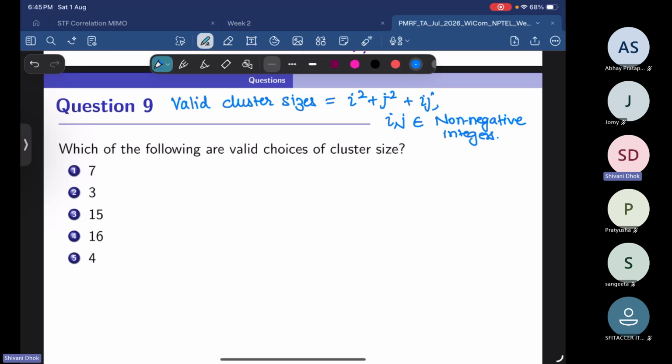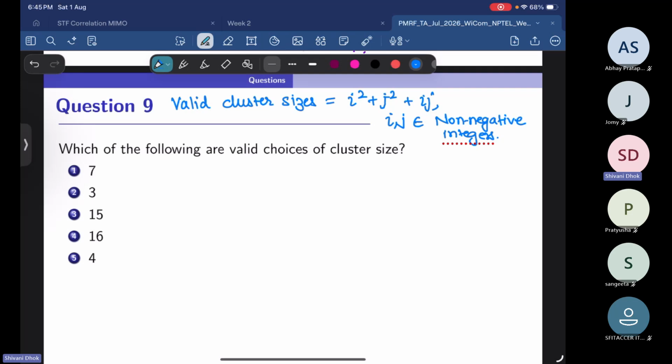So they can take any values from 0, 1, 2, 3 and so on. Now there is no algorithm to find out which are the valid cluster sizes or not. It is purely trial and error basis.